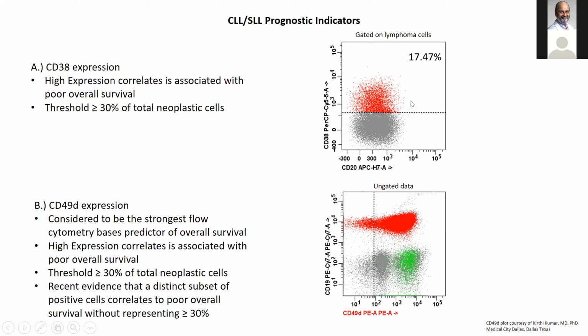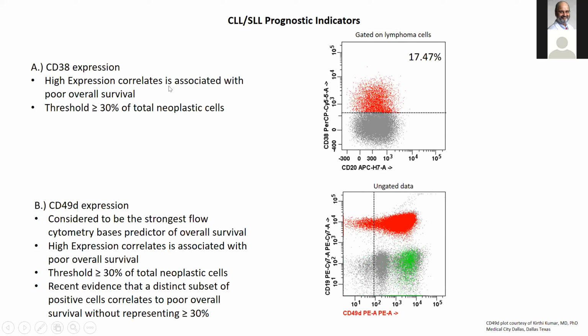So if you look over here, this is a gated population of CLL cells. And we're going to pay attention to the CD38 here on the y-axis. So based on an isotypic control tube, we see that the threshold for positivity would sit right here. So based off of that, everything above here is positive.